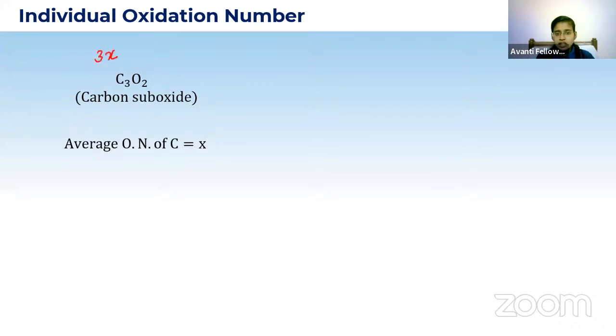And we know that the charge for each oxygen is -2, and we have 2 oxygen. So 2 into -2 is -4. So 3x minus 4 is equal to 0.